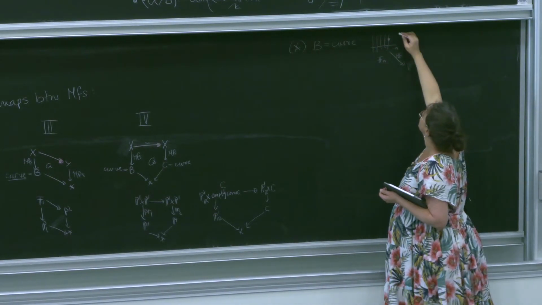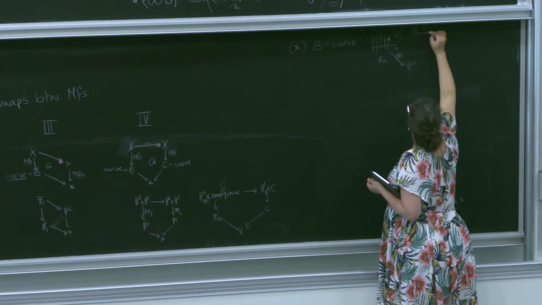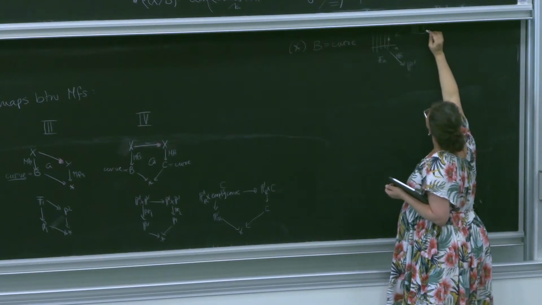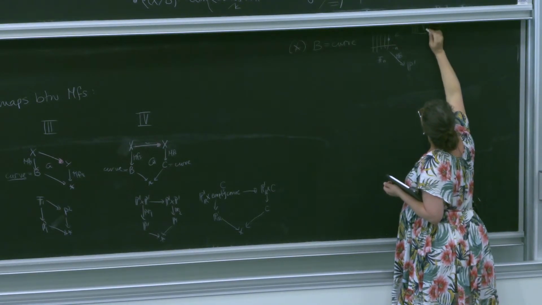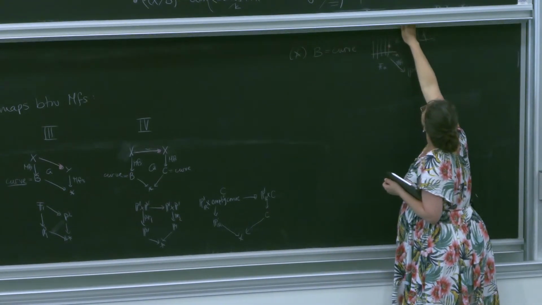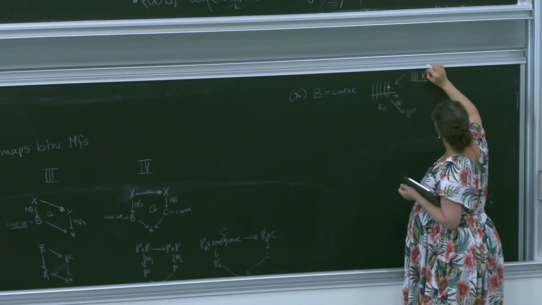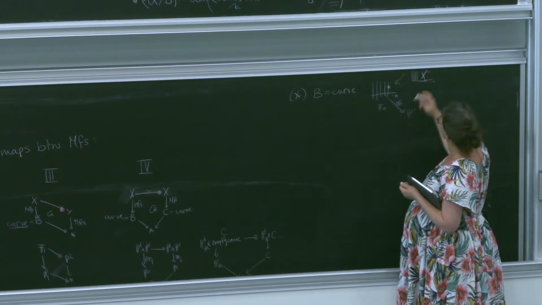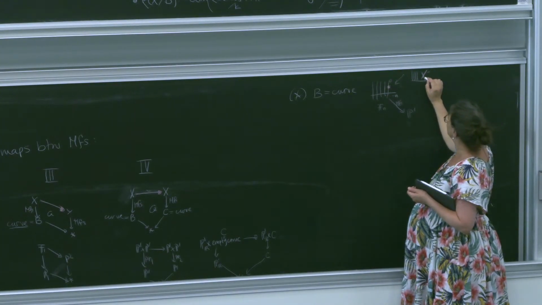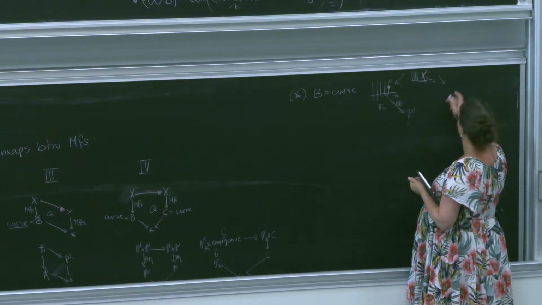Okay. And then the exceptional divisor becomes this red -1 curve. The fiber, which has self-intersection 0, becomes a -1 curve as well, and then I can contract the white -1 curve.